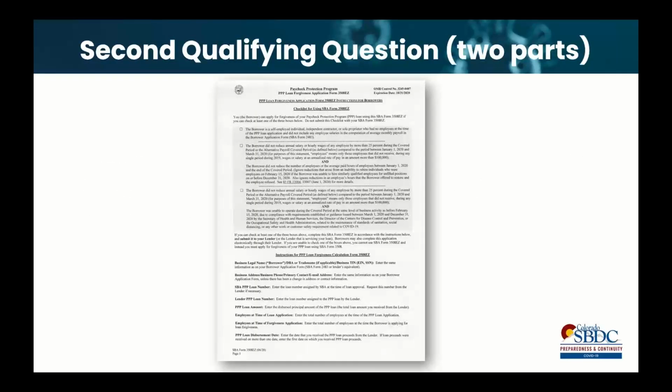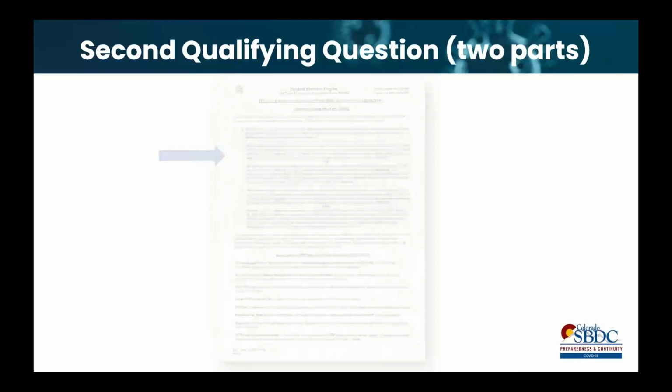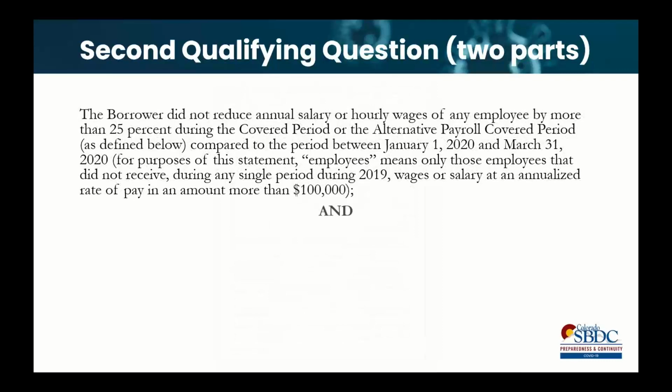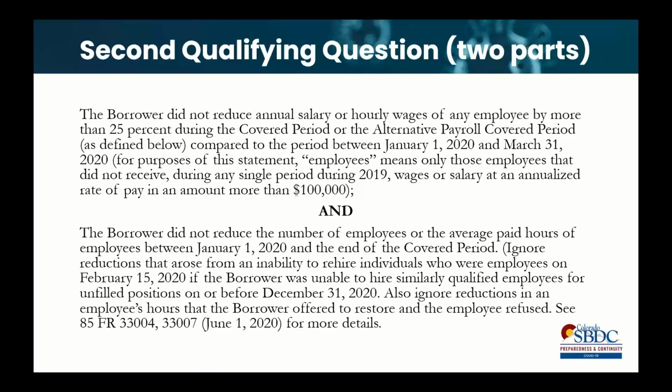The second box is a 2-part question, and you must be able to answer each part in the affirmative. In the first part, you must certify that you did not reduce any individual employee's salary or hourly wages by more than 25%. The periods to make this calculation are specified in the question.